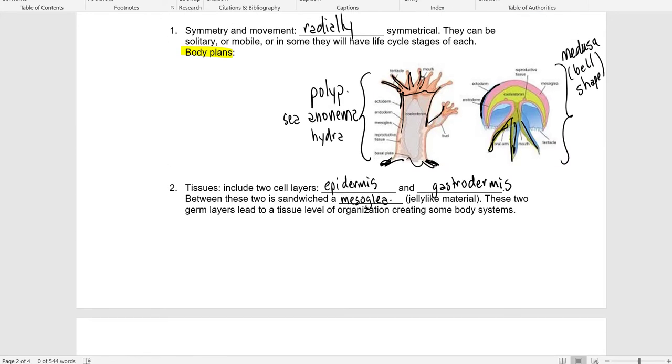So the mouth, you can see, is down here on this jellyfish. So basically, food goes into this gastrovascular cavity and it just sits there. It's not like us where food goes in and keeps traveling one direction and eventually makes its way out as feces, out our large intestine, rectum, and anus. Here, they have a gastrovascular cavity. Food goes in and waste comes back out the same way.